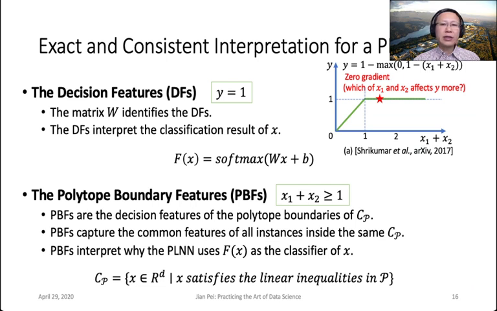These features capture the common features of all instances inside the same convex polytope and interpret why the PLNN uses this classification function fx as the classifier of X.